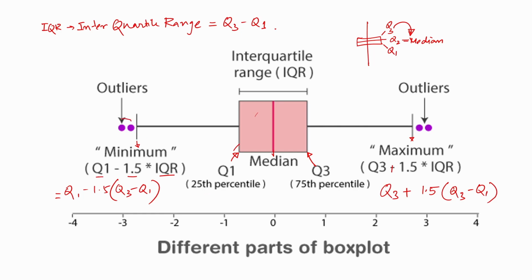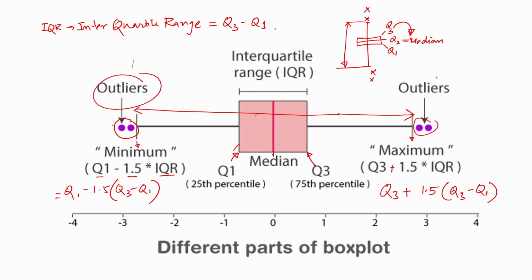This is the entire structure of the box plot, from here to here. If we find any points outside this structure, irrespective of whether they are on the top side or the bottom side, that means towards the right side or the left side, these are called outliers.